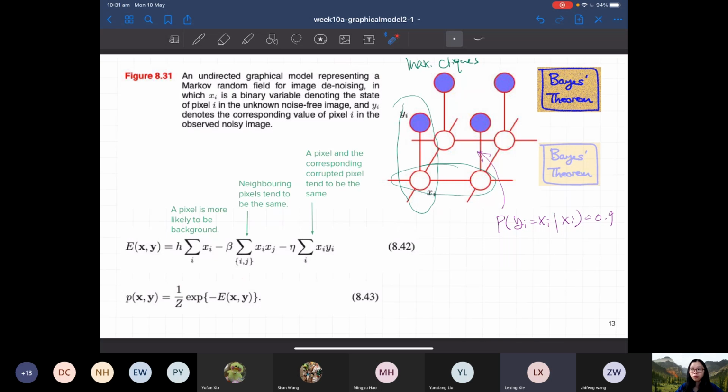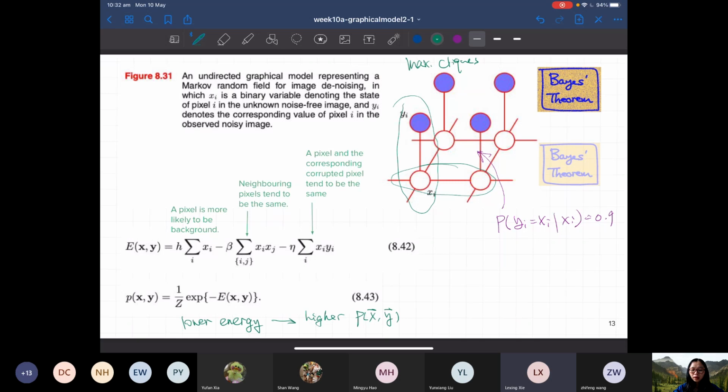So what this says is lower energy, and again, this has a meaning in physics, leads to higher joint probability p(x, y). Let's verify that.